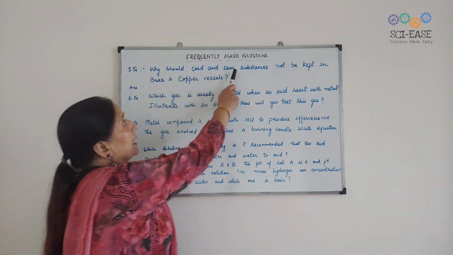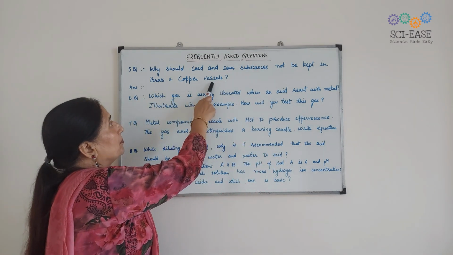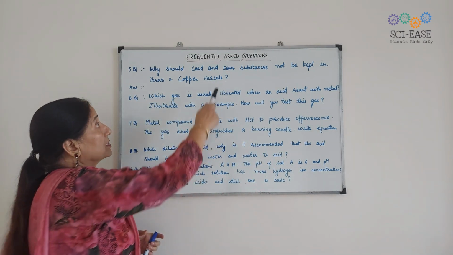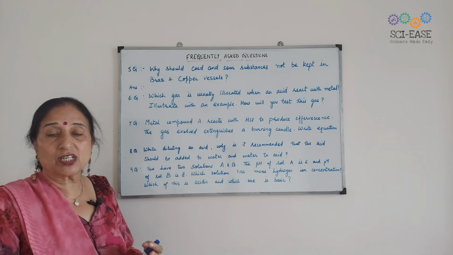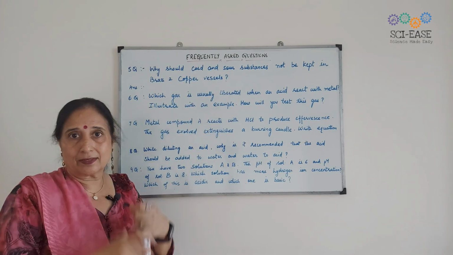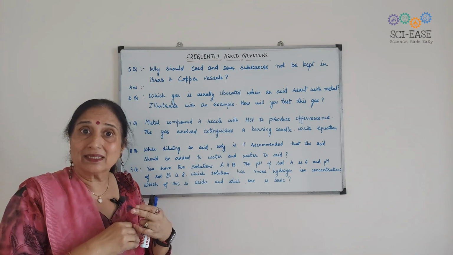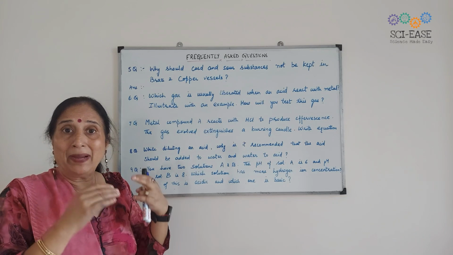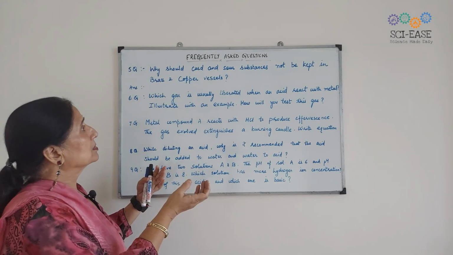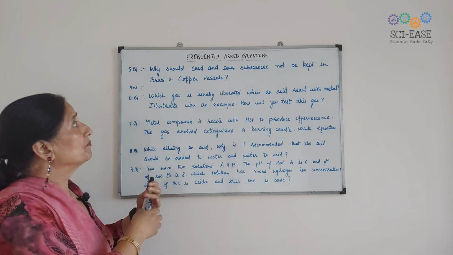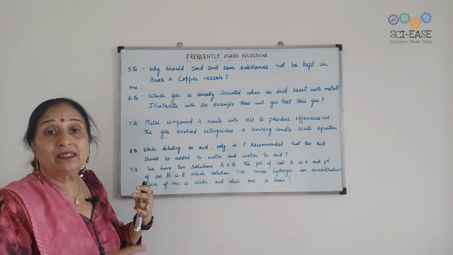Why should curd and sour substances not be kept in brass and copper vessels? Sour substances like curd and other sour substances contain some acids. And when acids react with metals, like brass or copper, what will be the result?